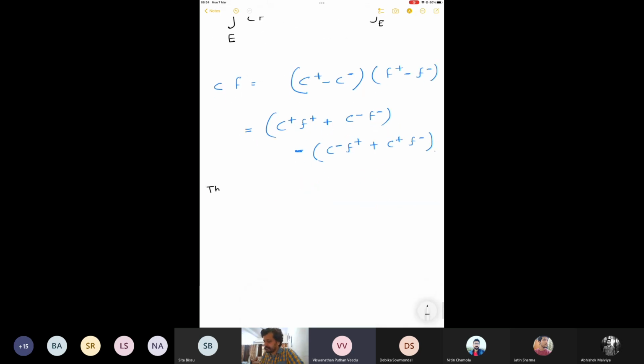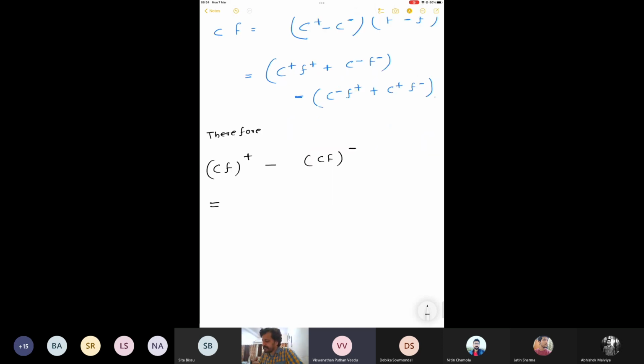Therefore cf plus minus cf minus, that's the decomposition for cf, is equal to c plus f plus, c minus f minus, c minus f plus, c plus f minus.